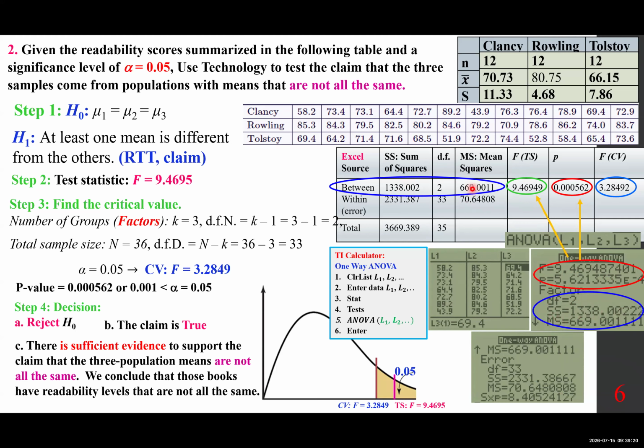And MS is this one, because if you divide this one by degrees of freedom, which happens to be 2, you get this. And look at this one. Degrees of freedom is 33. Sum of squares is this number. Divide by 33, you get the mean square. So everything that is calculated here through Excel is also given here. So I hope everybody's clear on that.